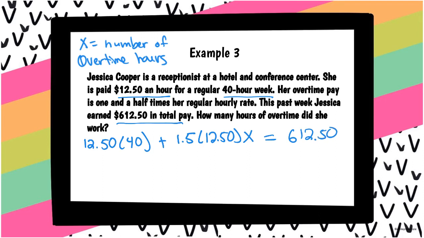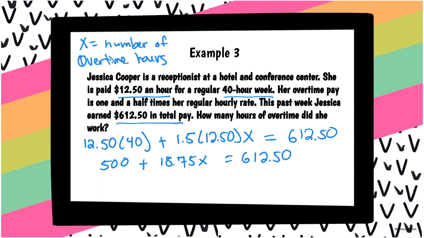I like to set up equations because now I have this nice equation, and we know the steps to solve these. Start by simplifying. Take 12.50 times 40, that's 500. Then take 1.5 times 12.50, which gives us 18.75. Don't forget our X. Bring down the 612.50.